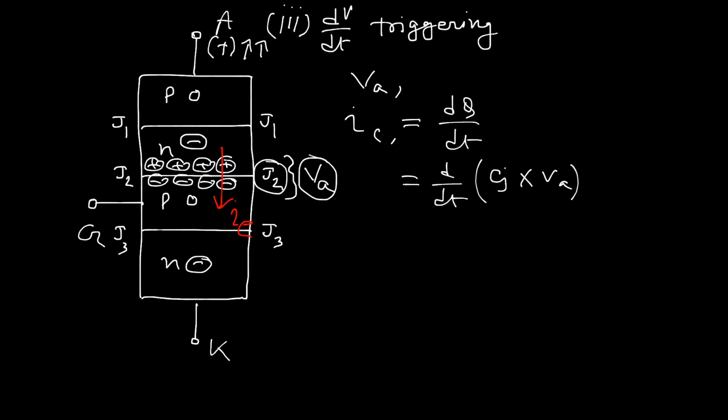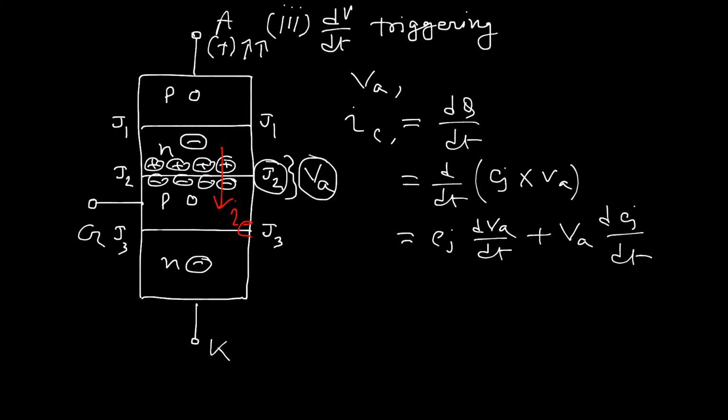After the derivative we have Cj into dVA/dt plus VA into dCj/dt. See the terms very carefully. We have reached two terms.